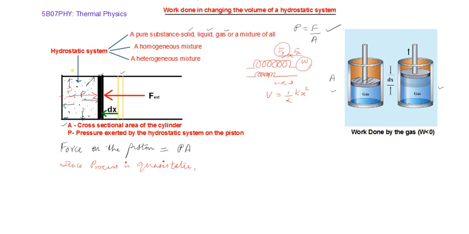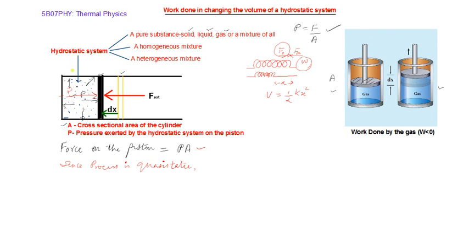So now what we'll do is that this is the force on the piston due to the gas inside, or hydrostatic system. But since the process is quasi-static, I will take this force equal to the internal force. So we'll take that.